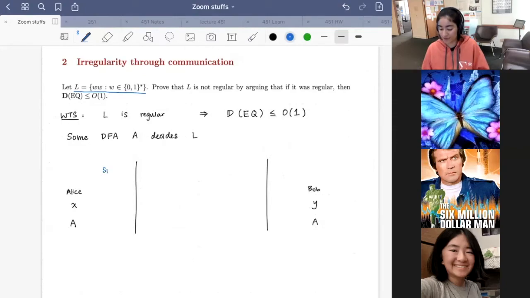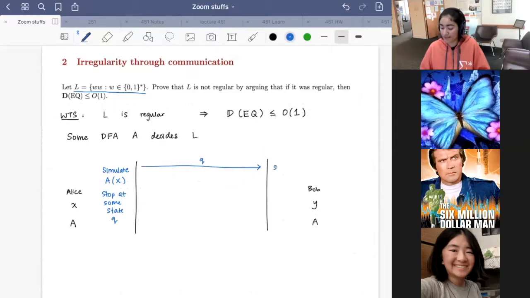So just to walk through what you said, Alice can simulate the DFA on her input, and that simulation is going to stop at some state, Q, and it takes a constant number of bits to send over what that state is.